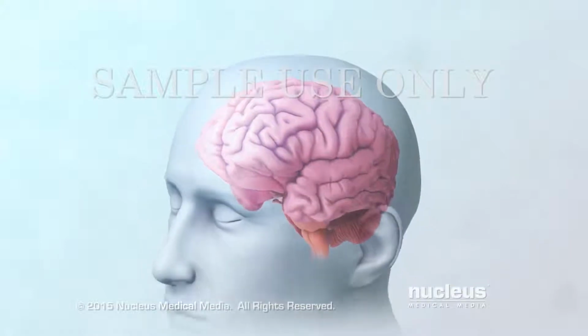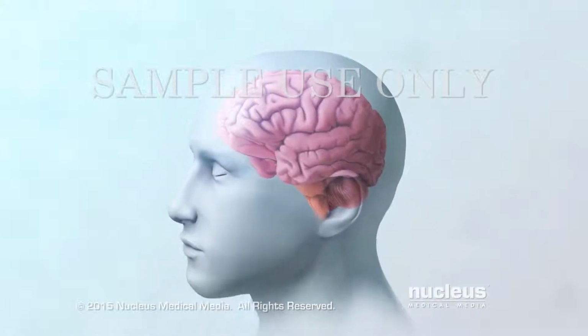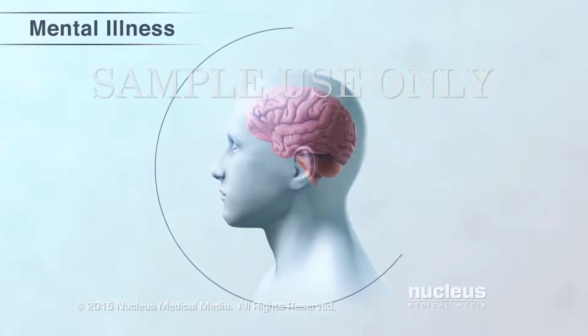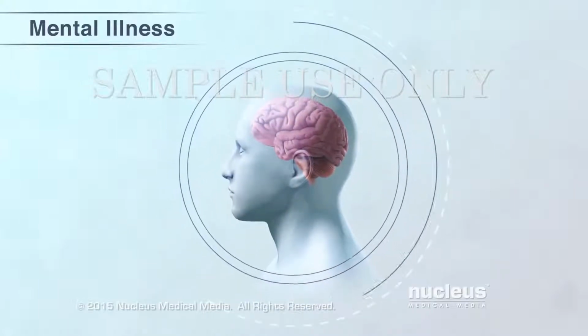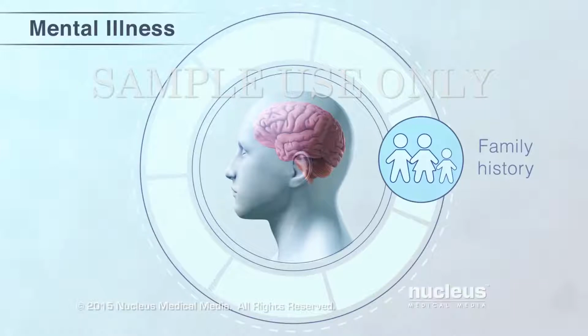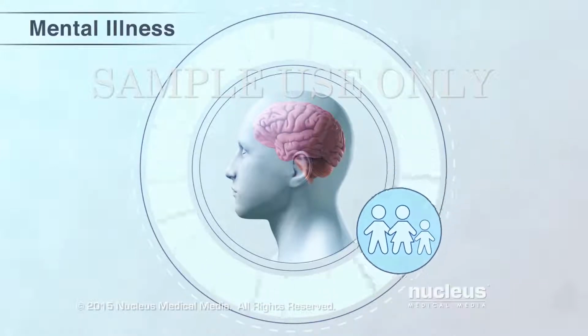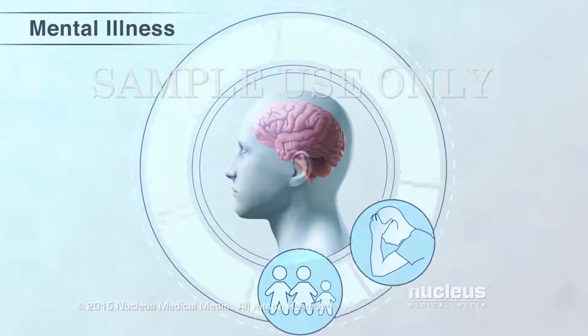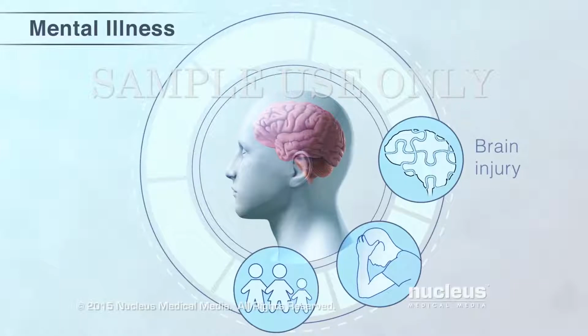Problems with this process may result in brain disorders known as mental illnesses. All the causes of mental illness aren't known. However, a number of factors may contribute to it. Some of these factors are a family history of mental illness, which can be passed from parent to child through genes, severe emotional or stressful life events, or a head or brain injury.